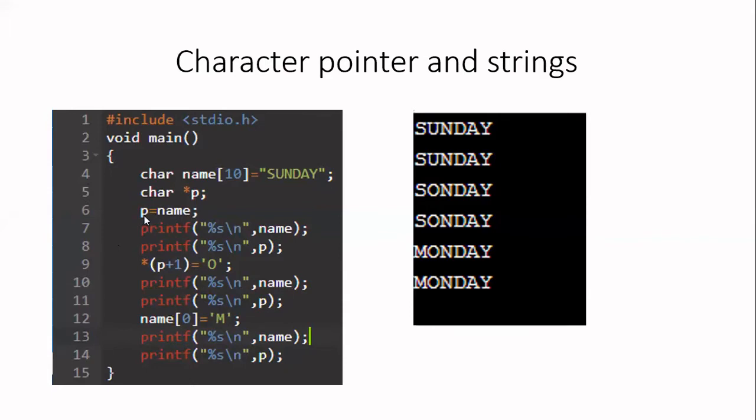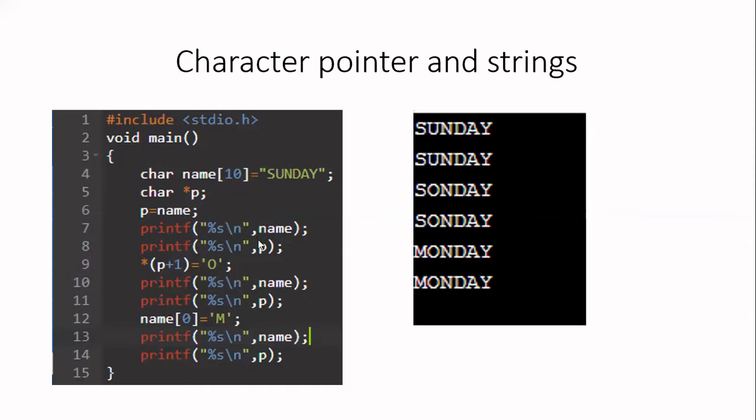Now I want to print the string by means of this variable name and by means of the pointer. How can I do that? Generally, if you want to print a string by means of the character array, you will use percentage s comma the name of the array. Here the name of the array is name, so I am writing percentage s comma name in the printf statement.